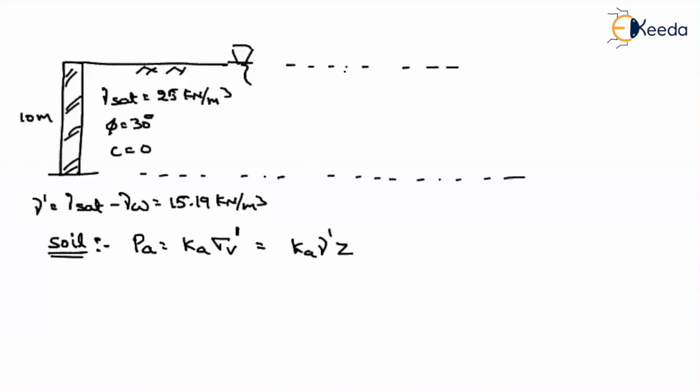Because of the soil, what about the active stress? Here it is 0. If you keep on going below, your stress will increase. And at this point, what is the magnitude? Ka we have already seen is 1 by 3. Let us say the active earth pressure at the bottom, how much will you get?